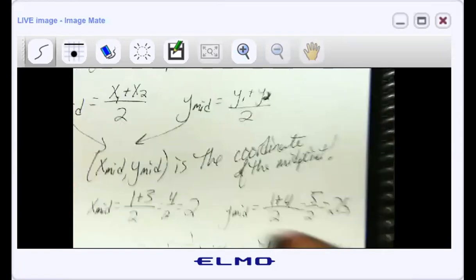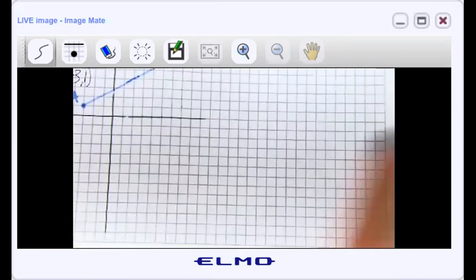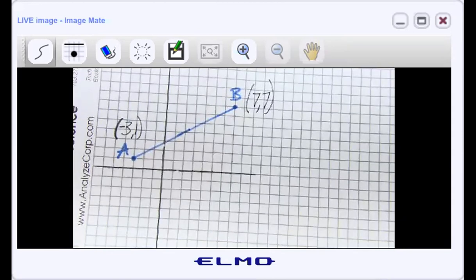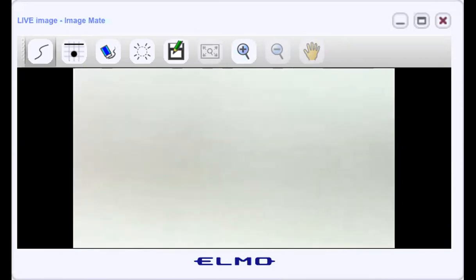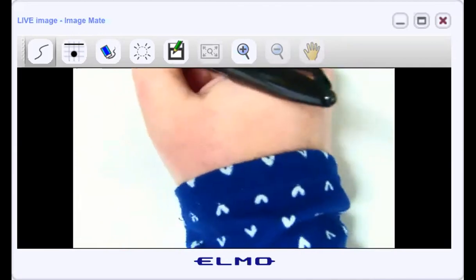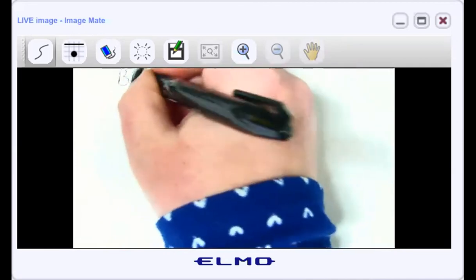So I'm going to come over here, and I'm going to write on the plain paper just because it's easier. So I'll just copy those ordered pairs, -3, 1 and 7, 7. Then we'll come back and see if we're right. So I have A at -3, 1, and then B is at 7, 7.